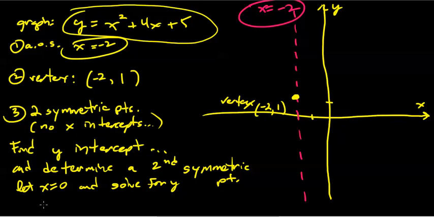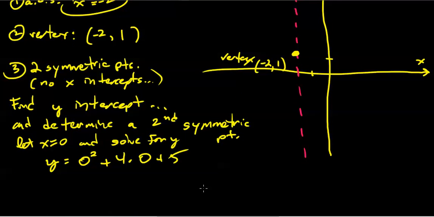Alright, so let me see if I can squeeze this in. I guess I'm going to have to scroll down a little bit. Let me copy down the equation first. If I let x be 0 and solve for y, well, that's easy to solve. If x is 0, that means y equals 5.